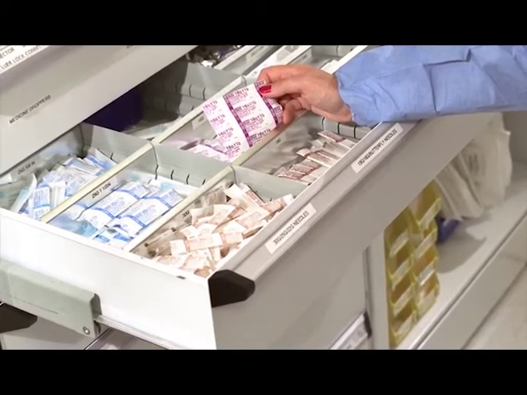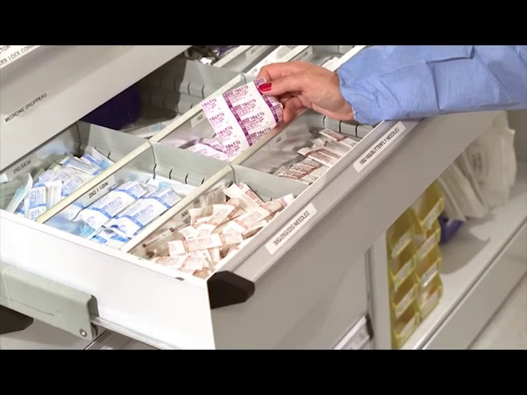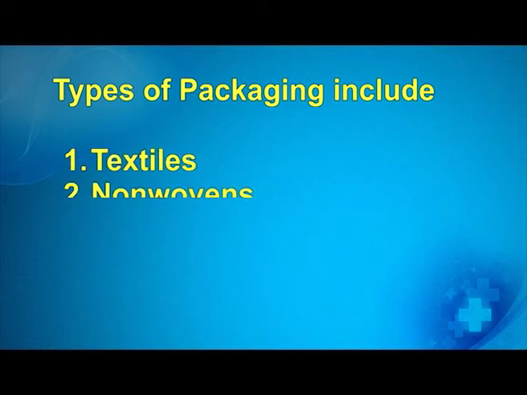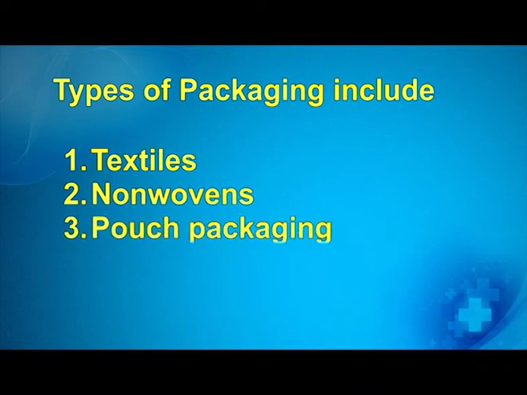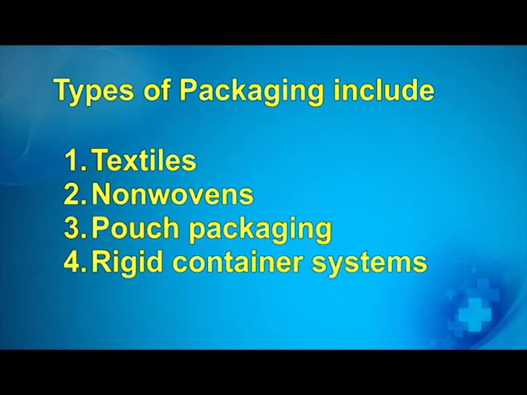The packaging material selected must also permit the device to be removed aseptically. The various types of packaging materials include: first, textiles; second, non-wovens; third, pouch packaging; fourth, rigid container systems.